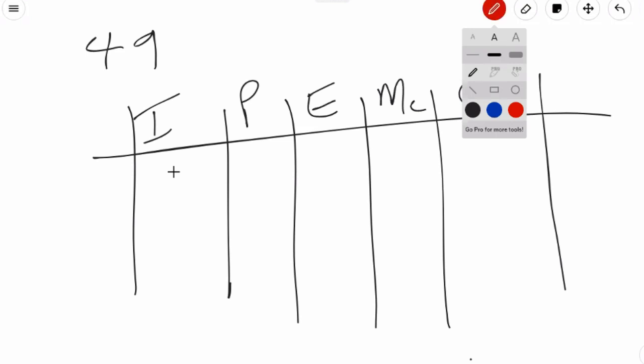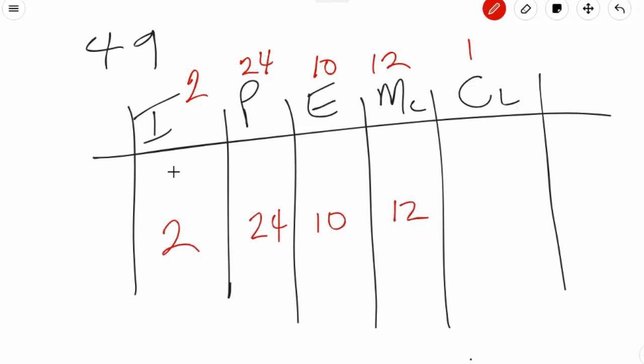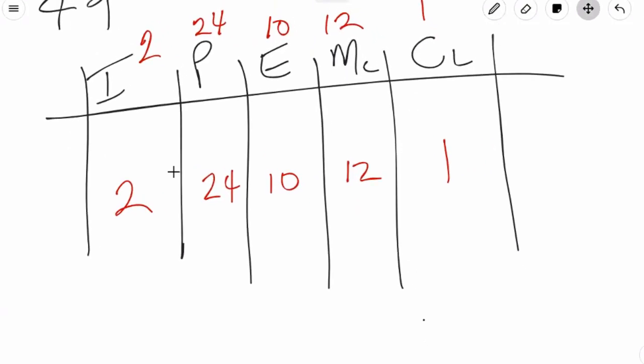But the numbers associated with each of the processes: 2, 24, 10, 12, and 1. So there are 2 processes in initiating, 24 in planning, 10 in executing, 12 in monitoring and controlling, and 1 in closing.